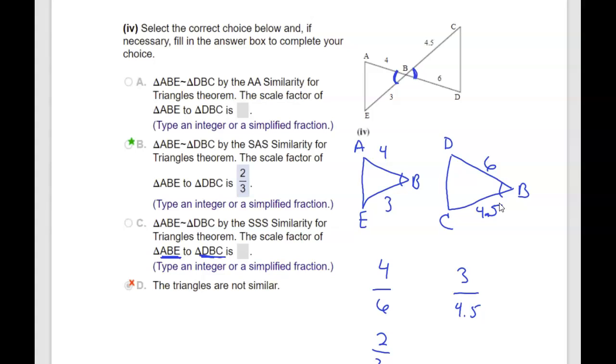Does a 3 over 4.5 simplify into a 2/3? Well, if you divide that into your calculator, it gives you 0.66666666, which is the same as 2/3. So these two sides are proportional, so we would use side angle side. That's probably the hardest one to actually visualize or see.